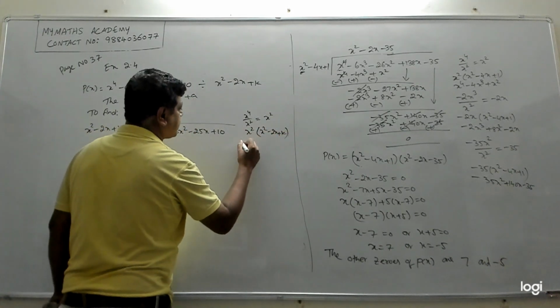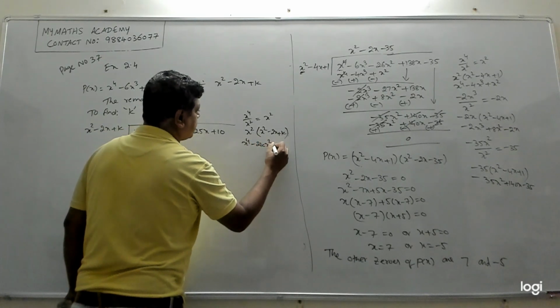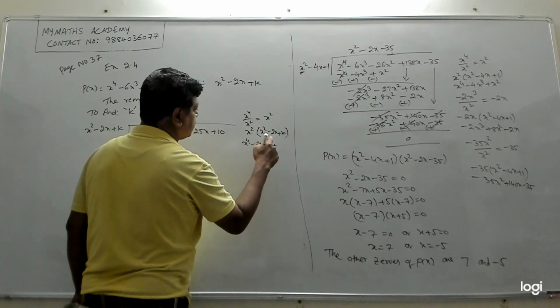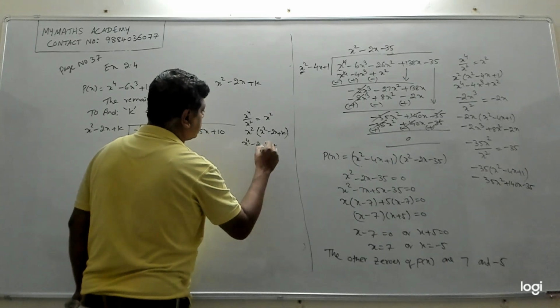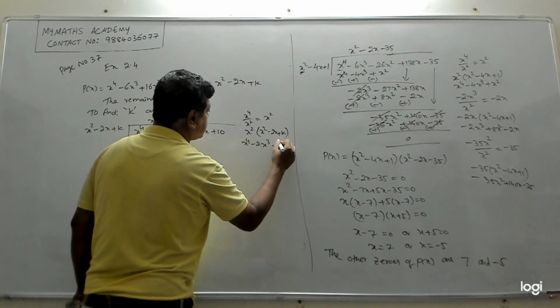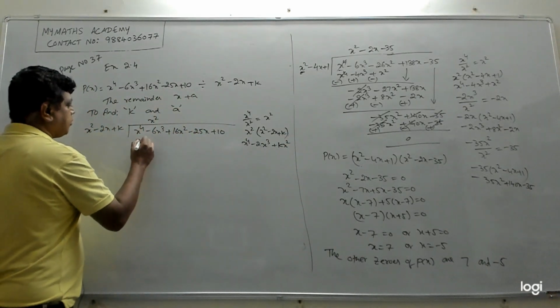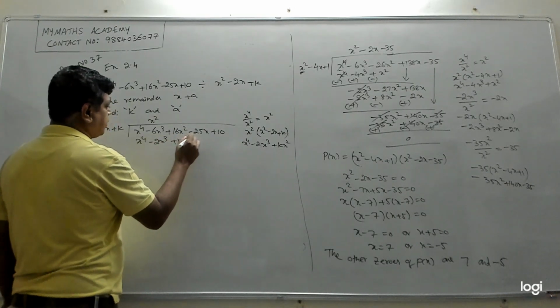That will give you x power 4 minus 2x cube plus kx square. Right? So we'll substitute here. So we'll get x power 4 minus 2x cube plus kx square.